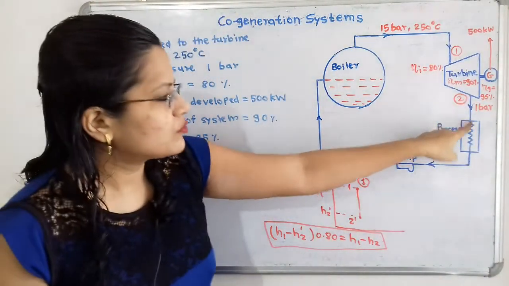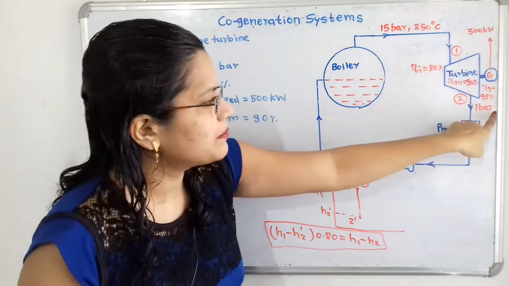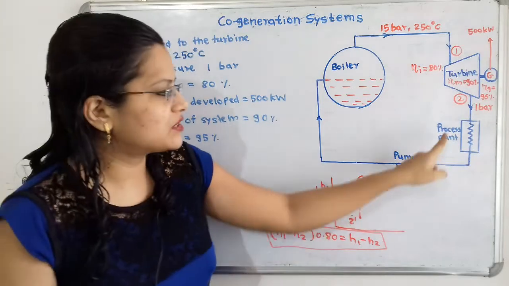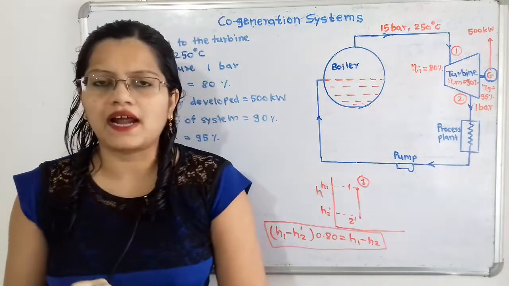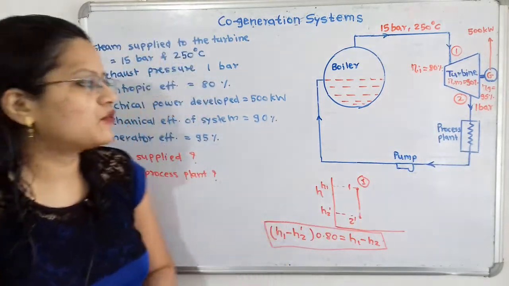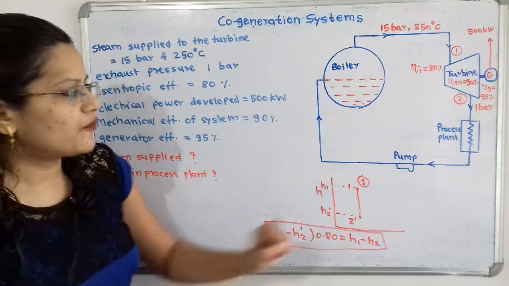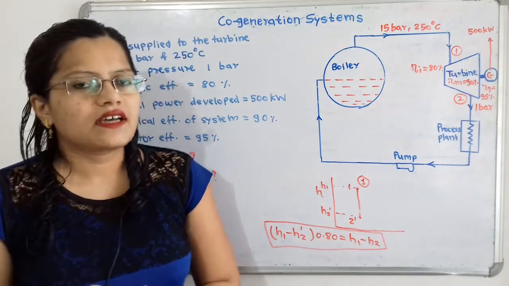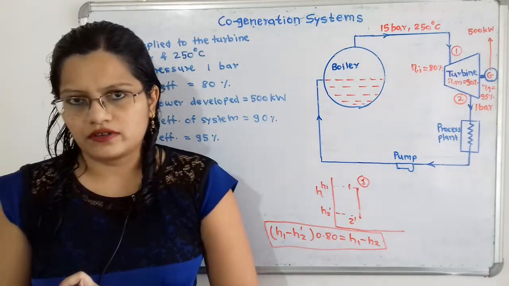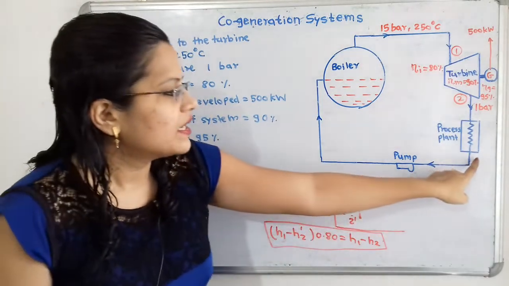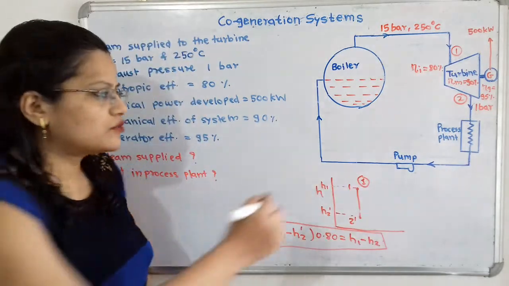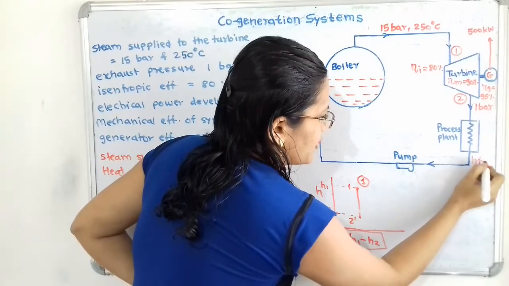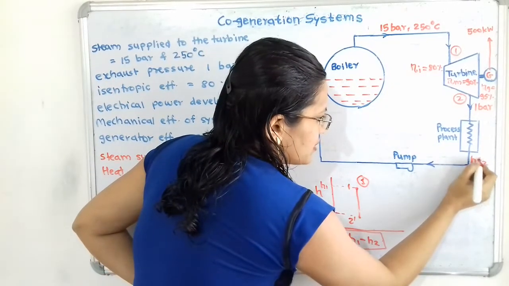Now we will move to the next. Here the steam pressure is 1 bar, and the steam as well as water mixture is entering into the process plant, and heat is supplied to the process plant. When it is coming out of the process plant, it is in the condition of saturated water. So at the exit point of the process plant we have to find out the enthalpy hf2.